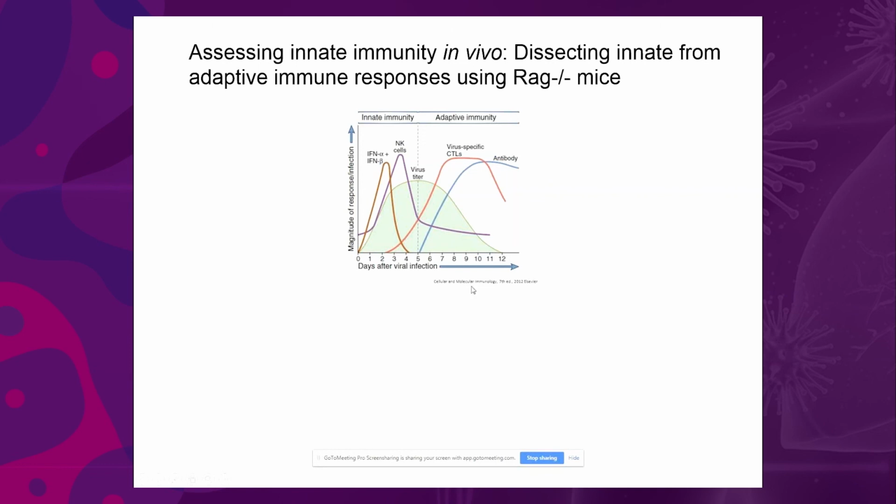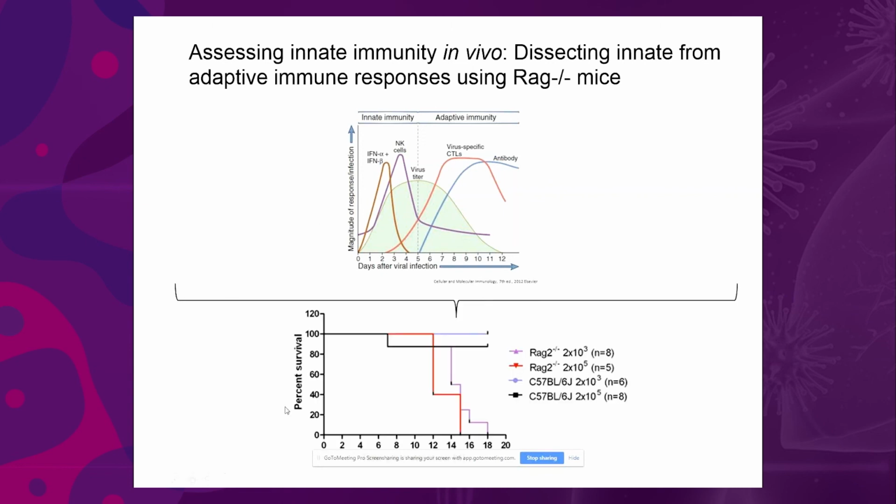And the way we do that in experimental animals is we use Rag knockout mice, which lack both mature T and B lymphocytes. And in that way, you can look purely at the effects of the innate immune response in an infection, for example.